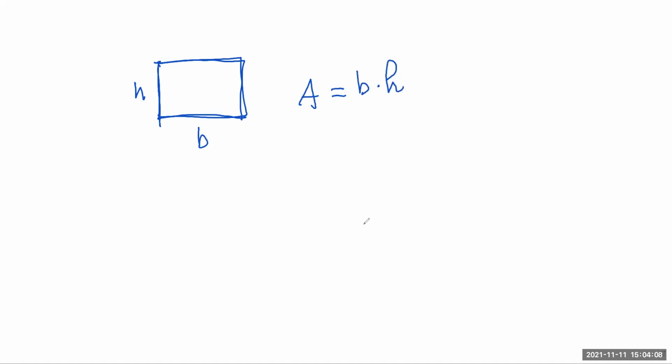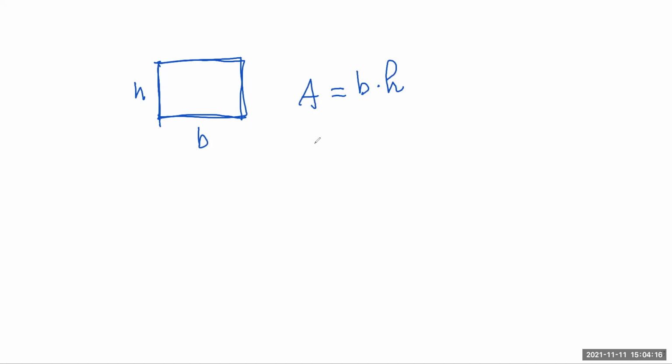So for example, we all know that if you have a rectangle, this is the height, this is your base. Now your area is base times height, right? So now if you know the height and the base, you can calculate the area.